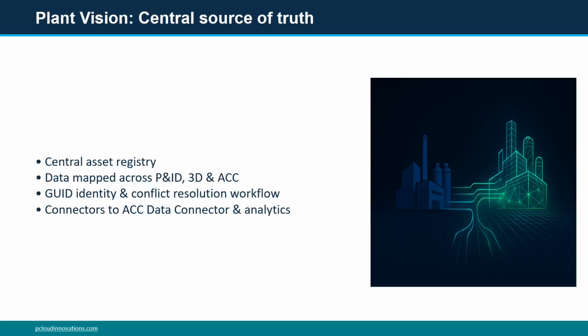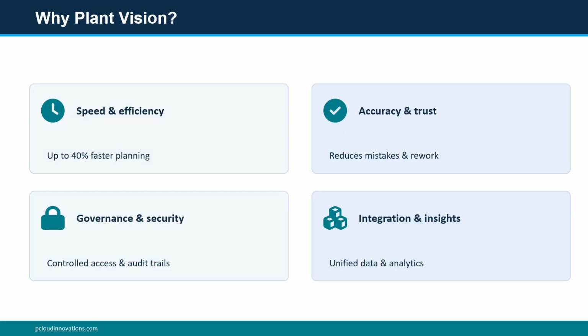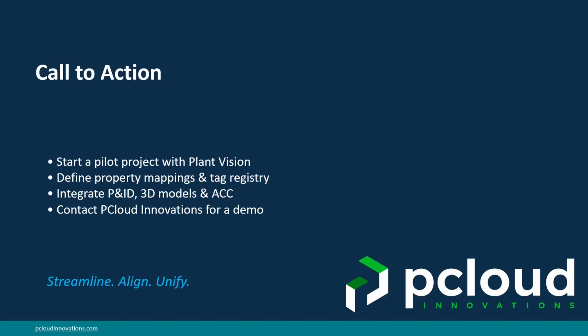The same tagged items can be referenced into the powerful ACC issues used to assign tasks and ensure completion. Plant Vision saves effort and increases accuracy. It extends project information authored in CAD tools to teams between engineering disciplines or across enterprises like supply chain or construction partners. So where do we go from here?